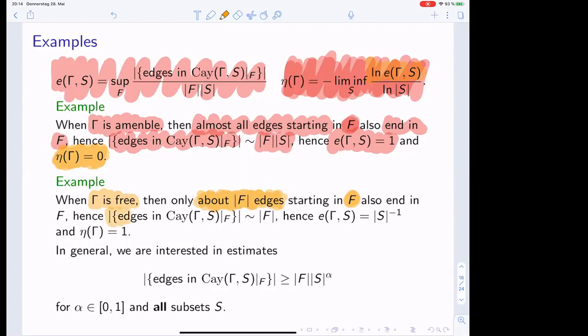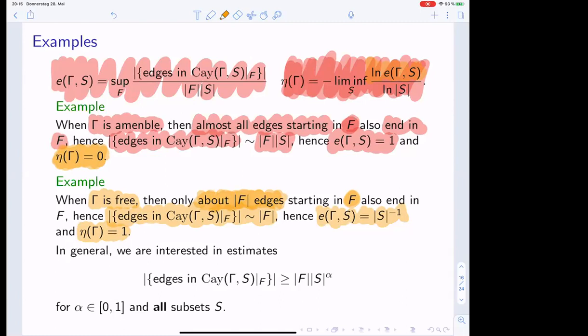So the edges in this situation behave asymptotically like the size of F. Looking at the definition of E, you see that F cancels and you are left with S inverse. And then if you look at the definition of eta, you will find that eta of gamma is now equal to 1, right? Because you're taking minus the logarithm of S to the minus 1, you get minus minus, which is equal to plus 1.